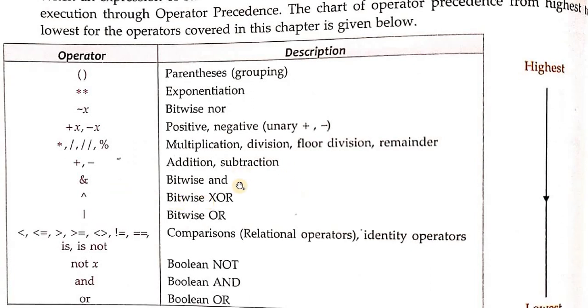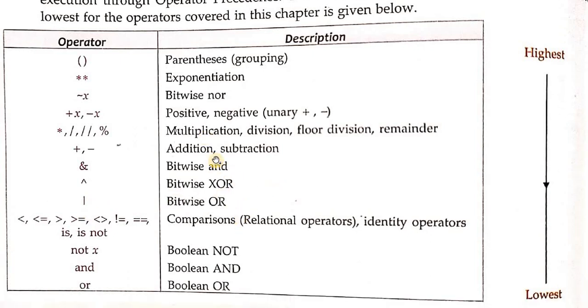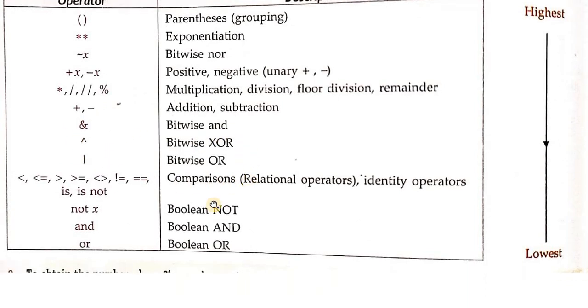Next is the bitwise AND operator, then the bitwise XOR operator, and the bitwise OR operator. After arithmetic operators, these operators are executed in the expression. Now the comparison operators, relational operators, and identity operators have the same level of priority. Look here: less than or equal to, greater than or equal to, not equal to, and this symbol is also not equal to.